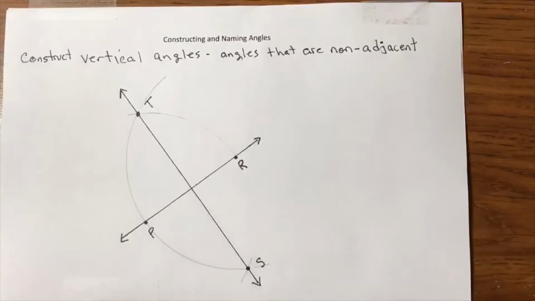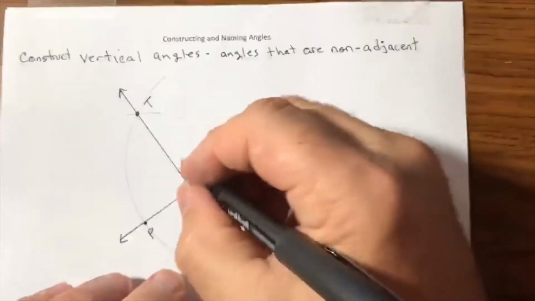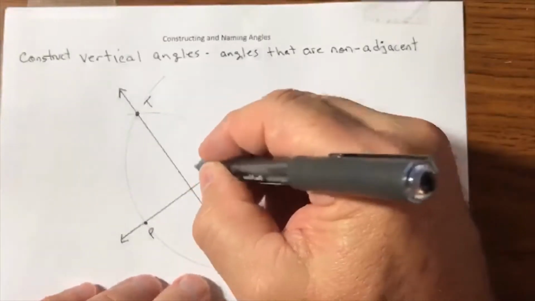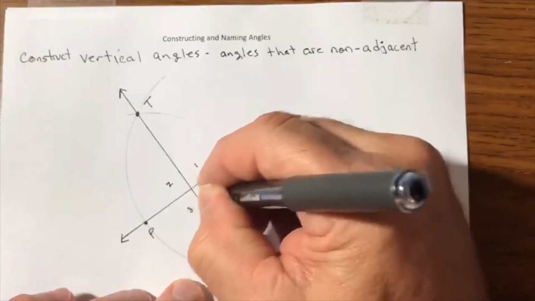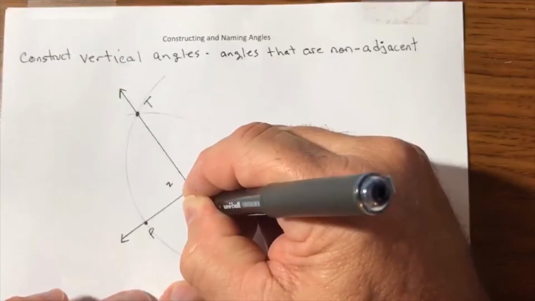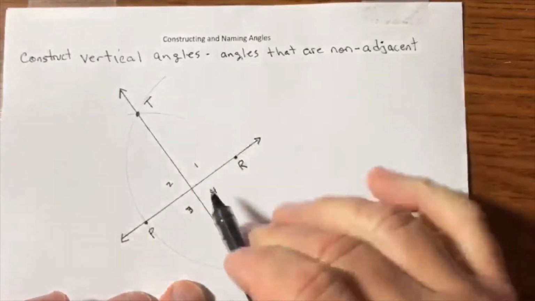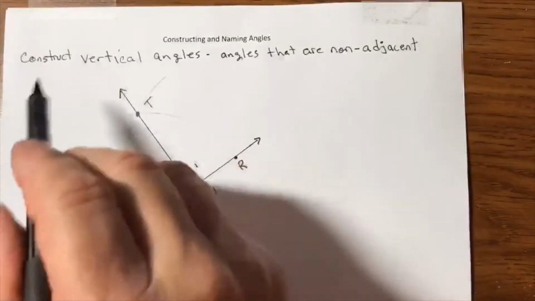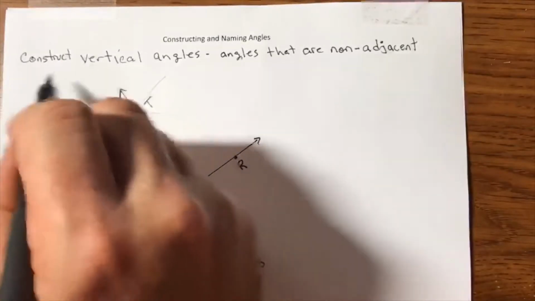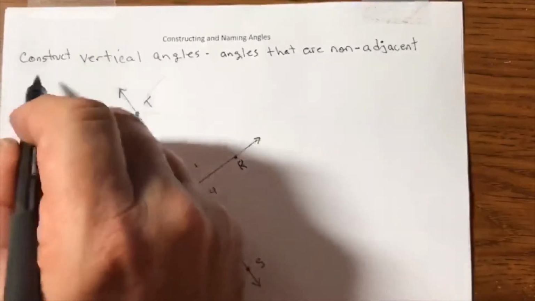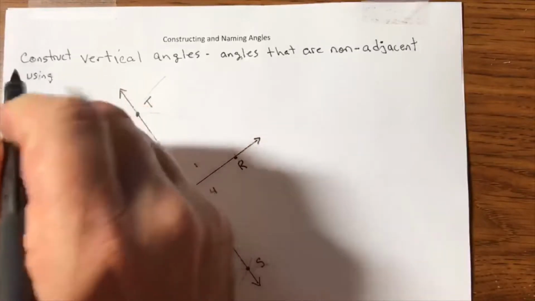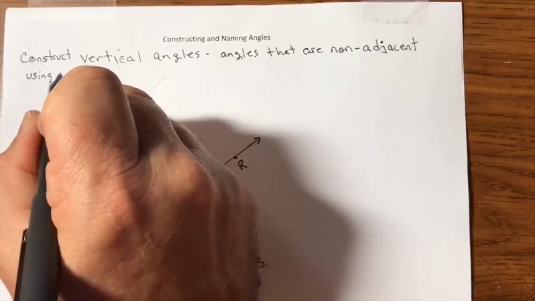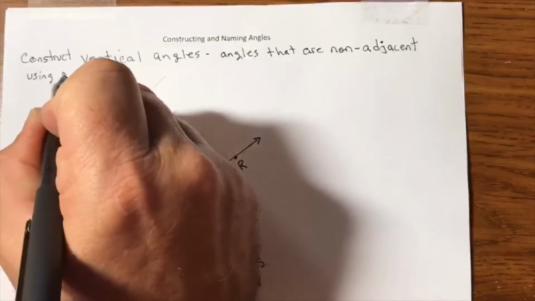So let's do this. I'm going to put down a number 1, 2, 3, and 4. I'm naming the angles with these numbers. Constructed vertical angles, and let's say we constructed vertical angles using a perpendicular bisector.